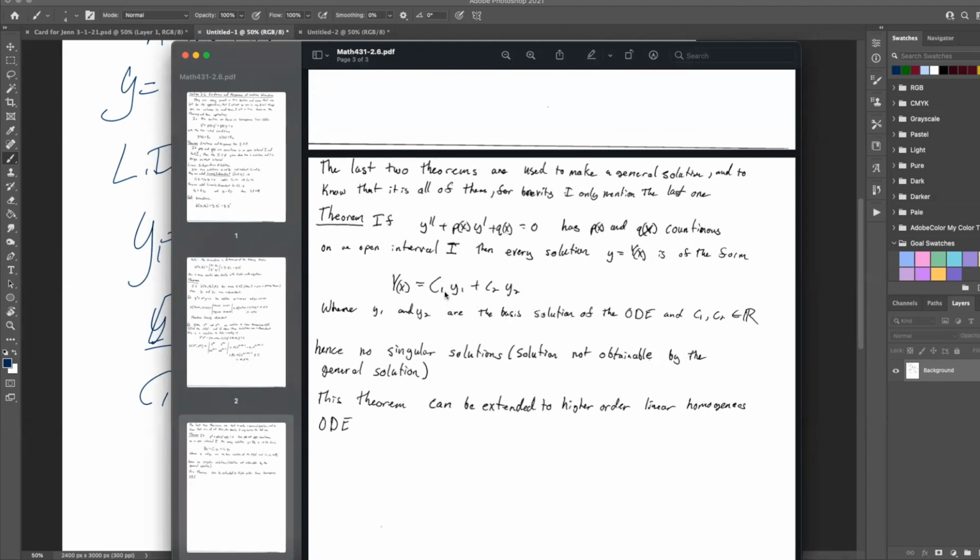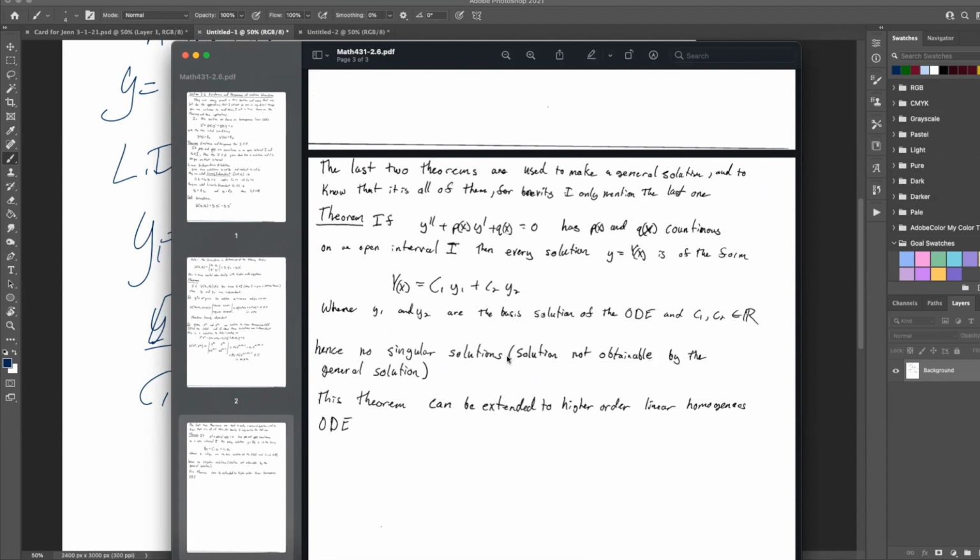And so basically, once we prove there are 2 linearly independent solutions, and that we can always find them, and that we can solve any initial condition, we prove that not only does a solution exist, it is the only solution, right?